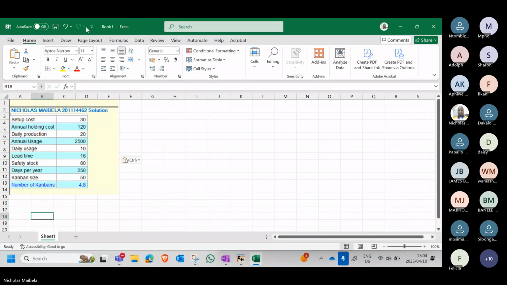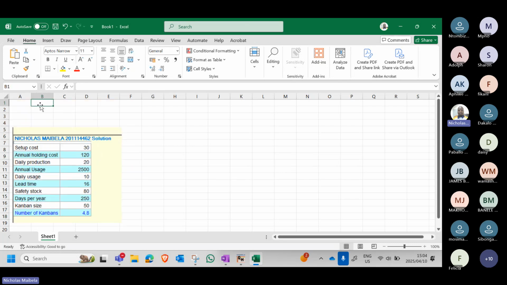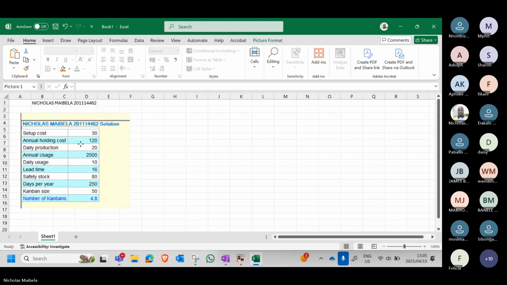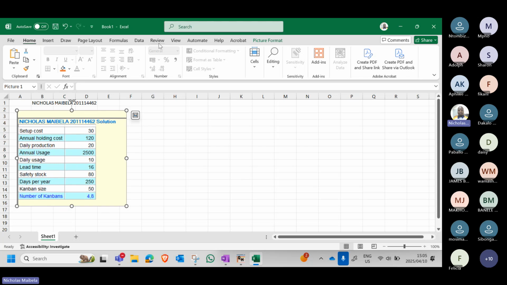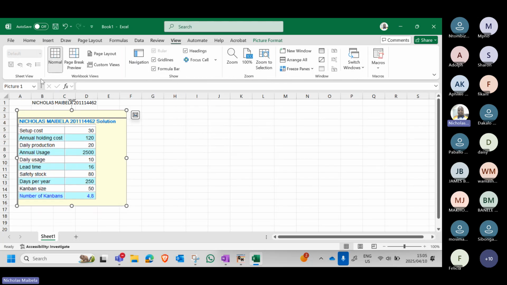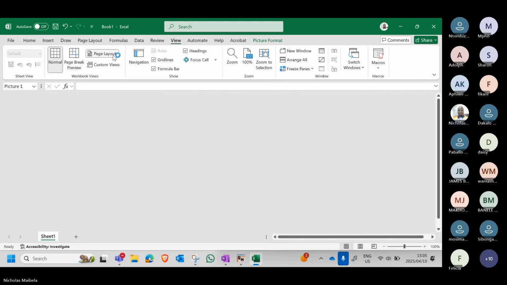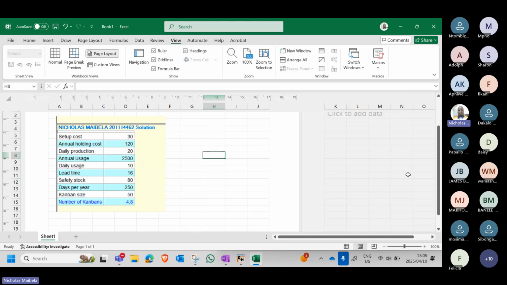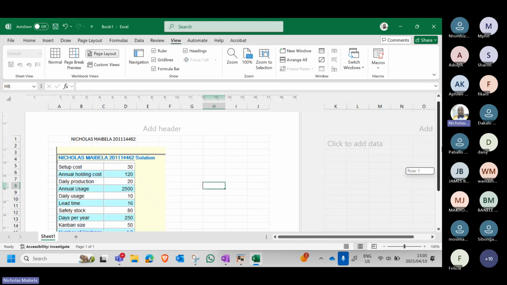Because the name is already there, you can repeat it again. Then you submit. I always recommend people to go to view and do this so that you know how big your page is.